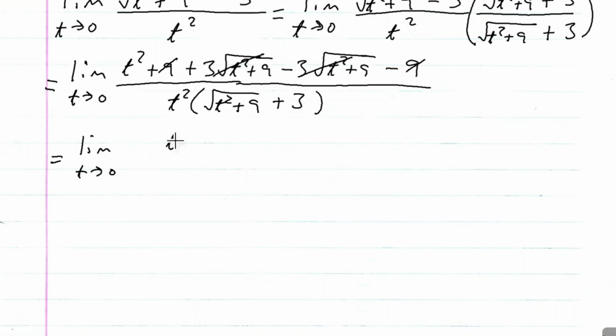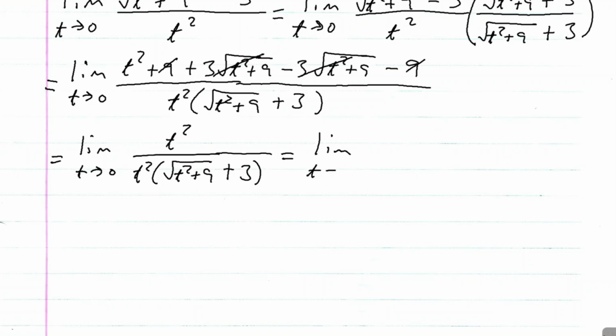So you're actually left with t squared over t squared times the square root of t squared plus 9 plus 3. And now we have t squared over t squared, so those go away. That gives us the limit as t approaches 0 of 1 over the square root of t squared plus 9 plus 3.